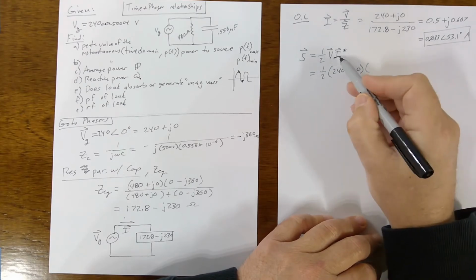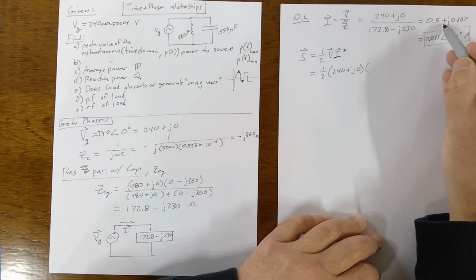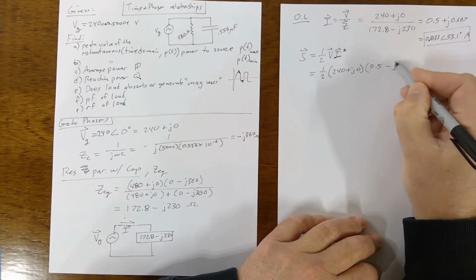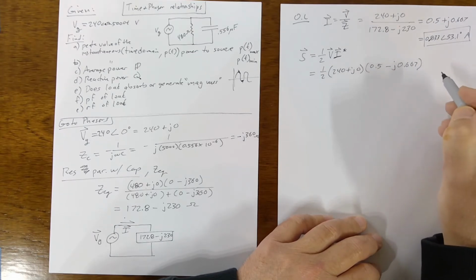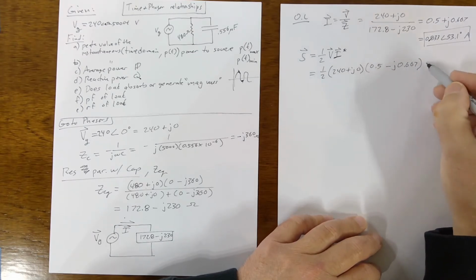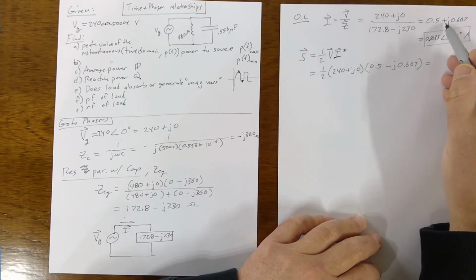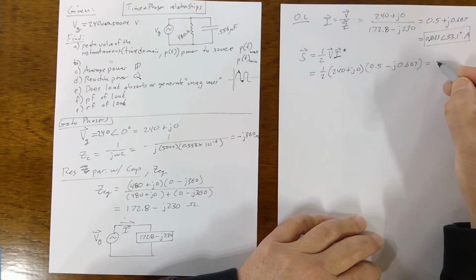And then the complex conjugate of I, here's I in rectangular form, is this thing. The complex conjugate of that is minus J0.667. Just using this formula and flipping the sign of the I to get the complex conjugate of I. It's 60 minus J80.